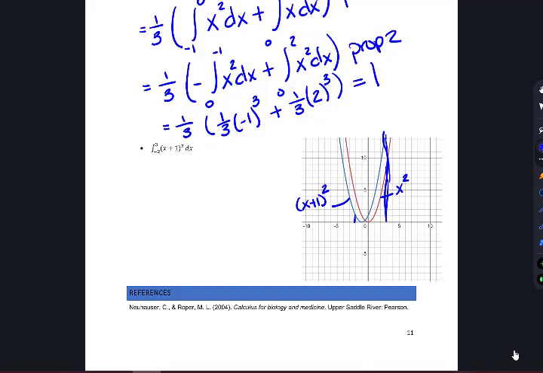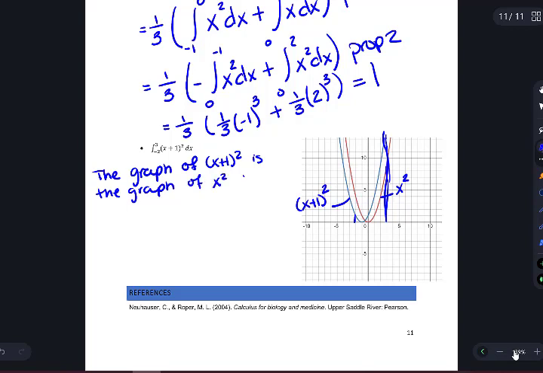We have that the graph of x plus 1 squared is the graph of x squared shifted left by 1.